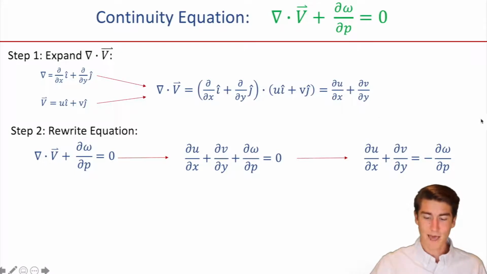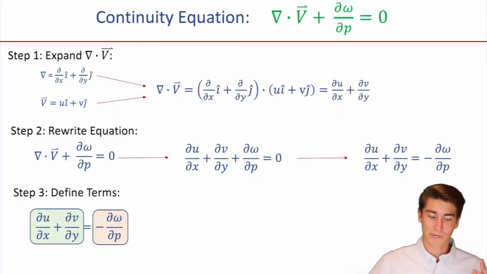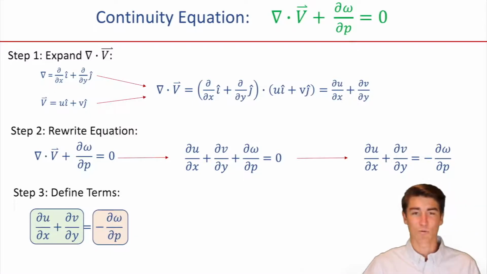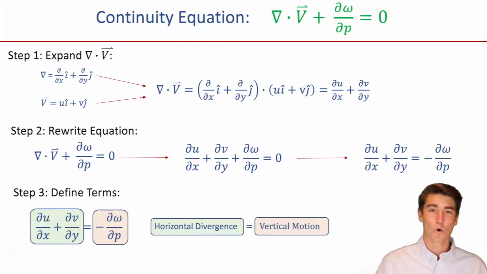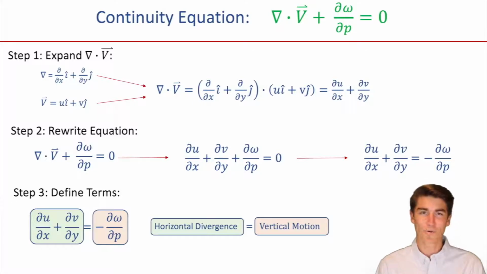So we're going to want to put that on its own side, and you'll understand better in a second why when we define the terms. Now we have those two on the left and one on the right. What do they mean? Horizontal divergence equals vertical motion.